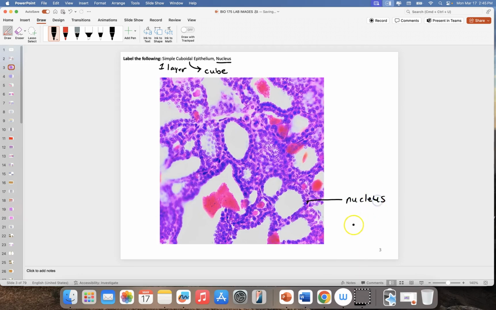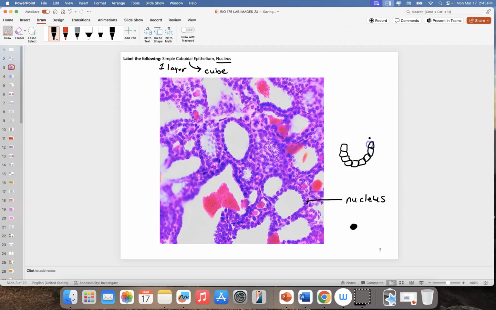Again, anytime we've got that circular structure that's stained dark, or sometimes it's an oval. In this case, it's a little bit more circular.